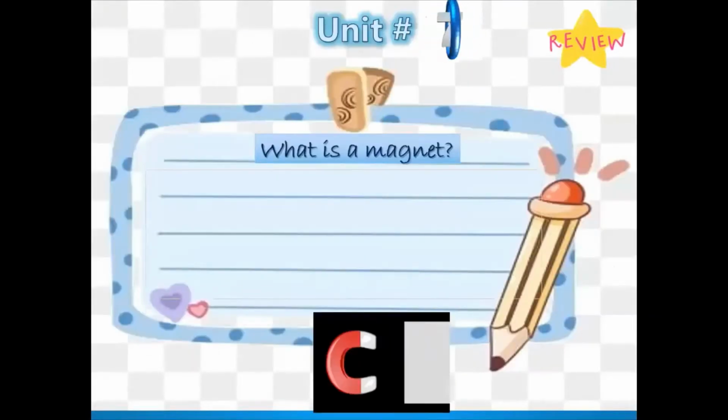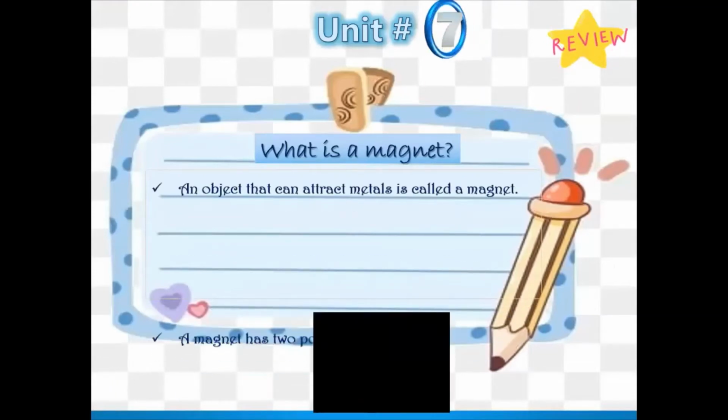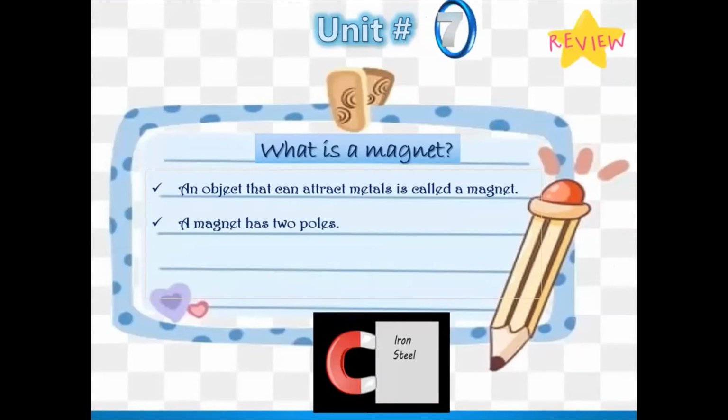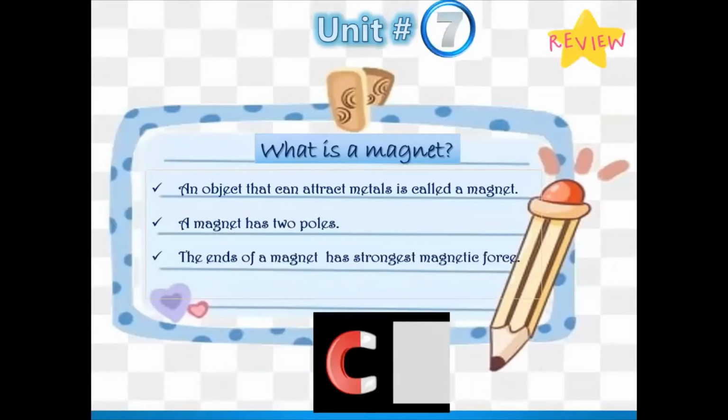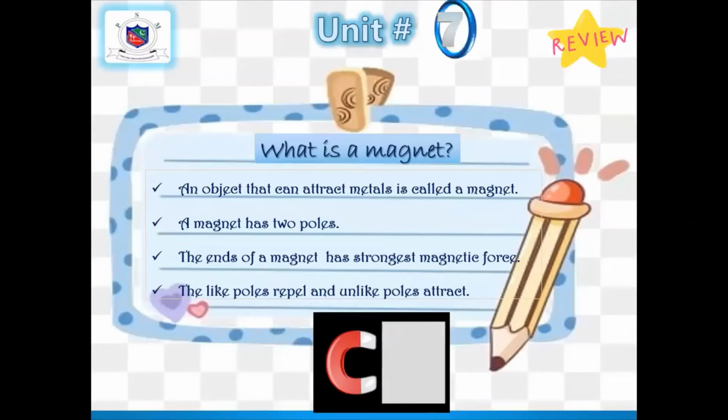What is a magnet, students? As we already discussed, an object that can attract metals is called a magnet. It has 2 poles, one is north and one is south. They have the strongest magnetic force at the ends of the magnet, and like poles repel and unlike poles attract each other.